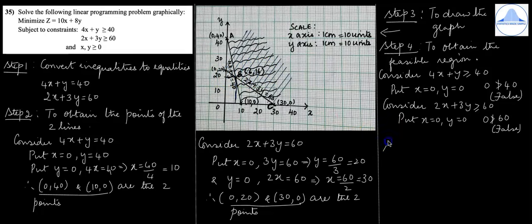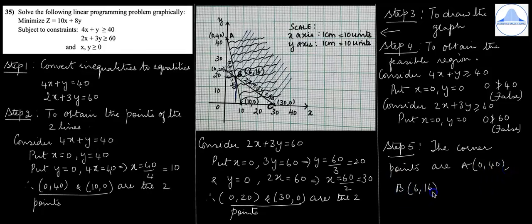So next you write step 5. Step 5, you should write the corner points. So the corner points are A is 0, 40. Then you have B, that is 6, 16, and C 30, 0.